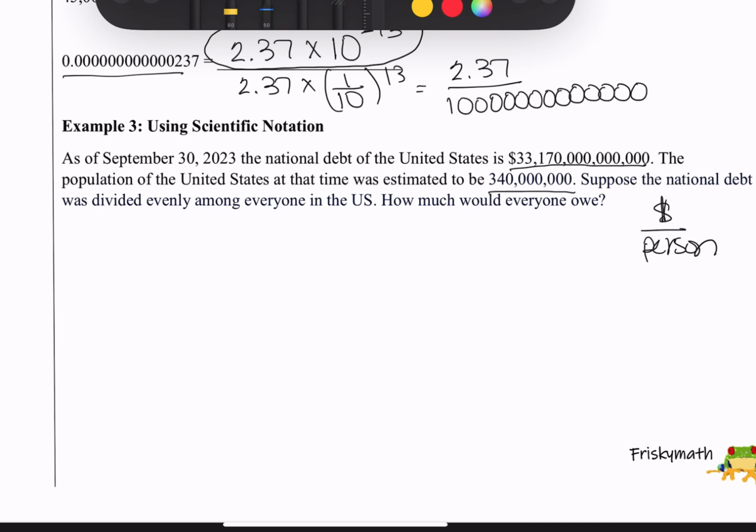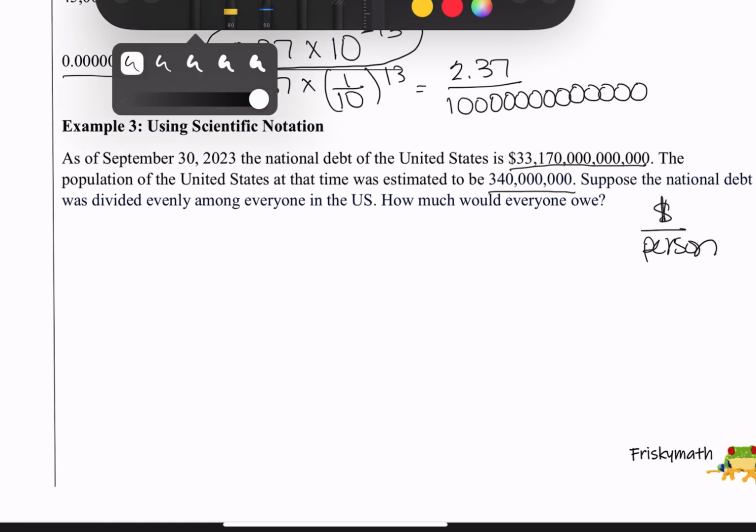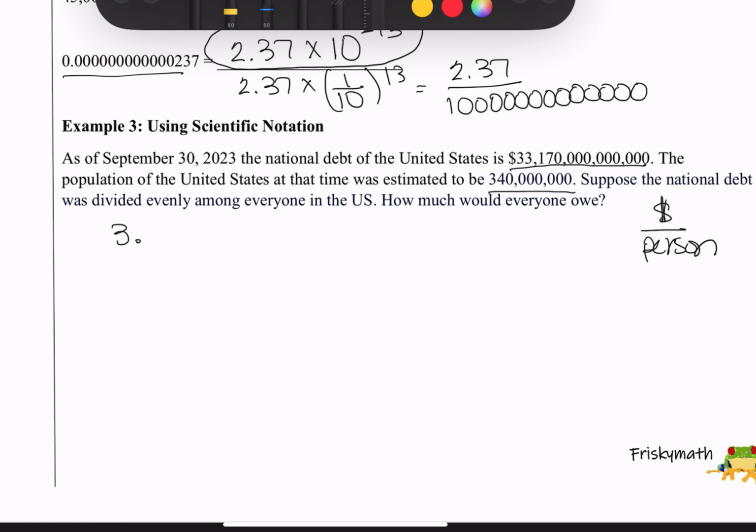All right, so instead of writing the $33 trillion the way that it is, I'm going to make it into scientific notation. So I'm going to do some number between 1 and 10. So how about we do 3.3 times 10. Now I need to figure out how many decimal places I moved backwards to get in between the two threes, or moved from the end of the number in between the two threes.